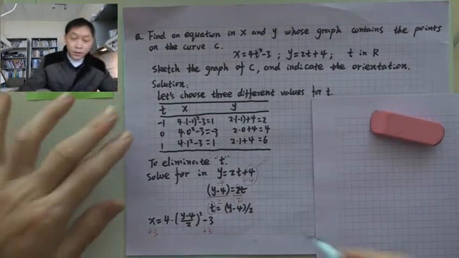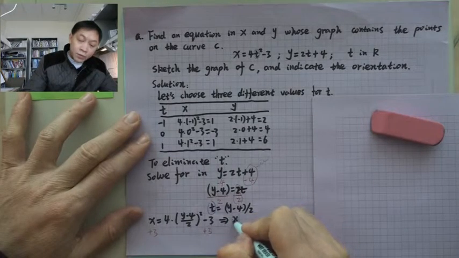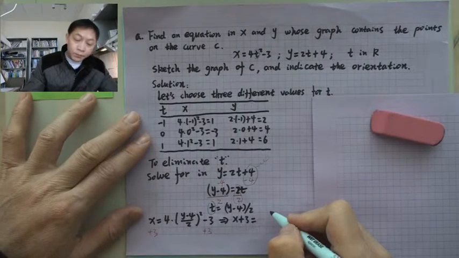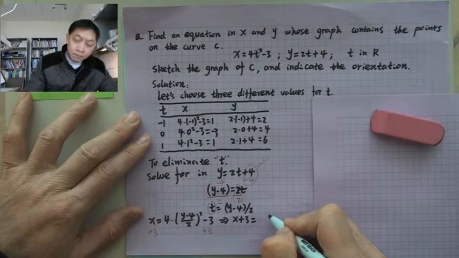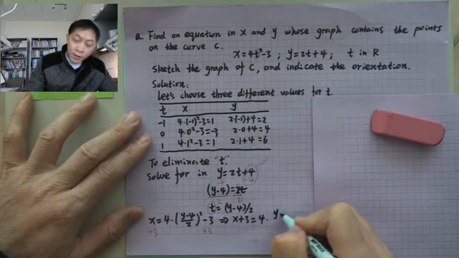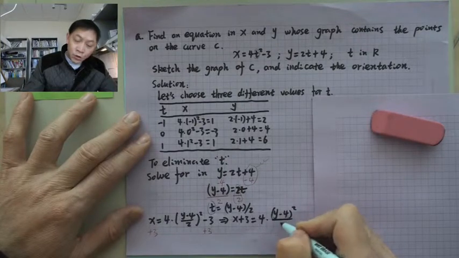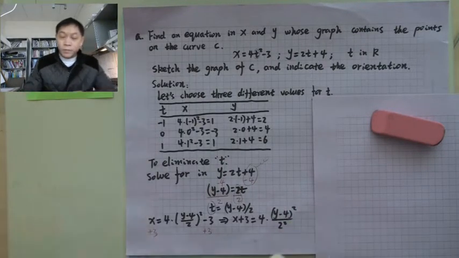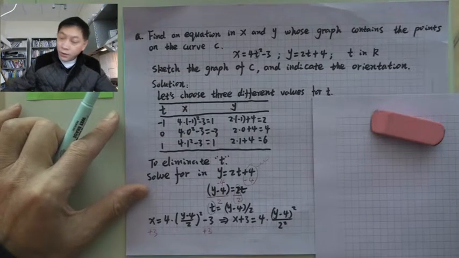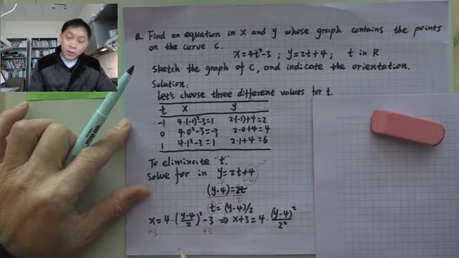Alright, now what we get will be x plus 3 equals 4 times (y minus 4) squared over 2 squared, because this square, you see, goes to numerator and denominator.